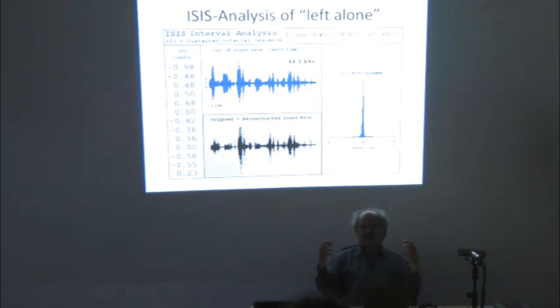So I have 3 parameters in ISIS, 3 main parameters. One is shift, one is spread, and one is slide. So in shift, I transpose it. In spread, I stretch it in intervallic values. And in slide, I can move it from one transposition to another.